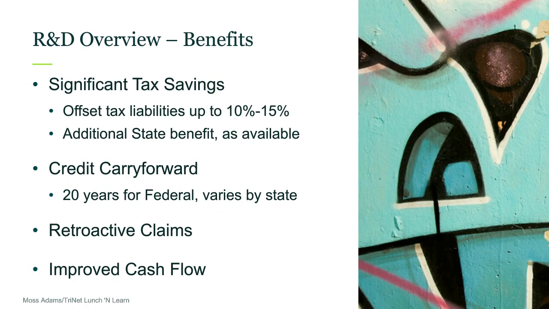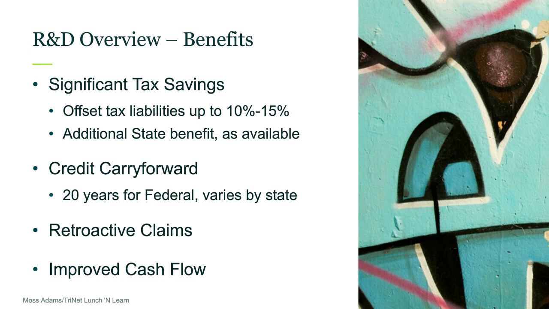So what are the benefits of the R&D tax credit? Well, first and foremost, it provides a significant tax savings. The R&D credit can offset tax liabilities up to 10 to 15% of the total qualified R&D spend, or the cost spent on R&D. As I mentioned, there's an additional state benefit.